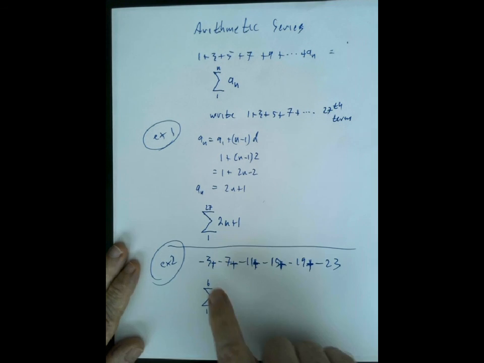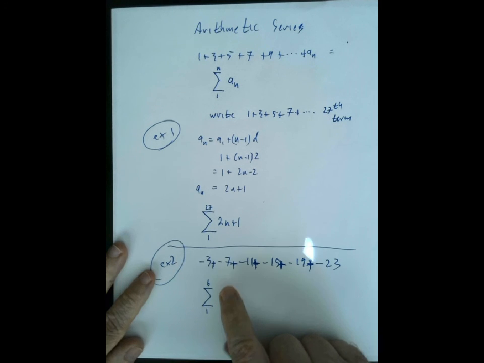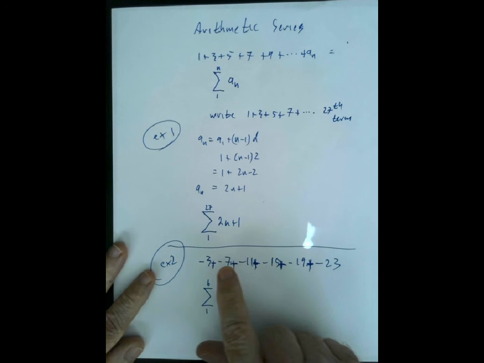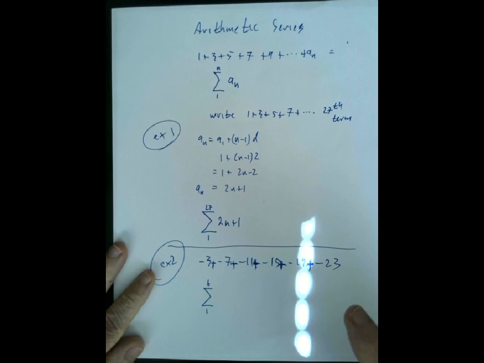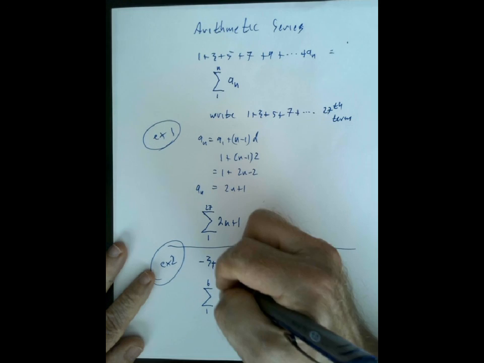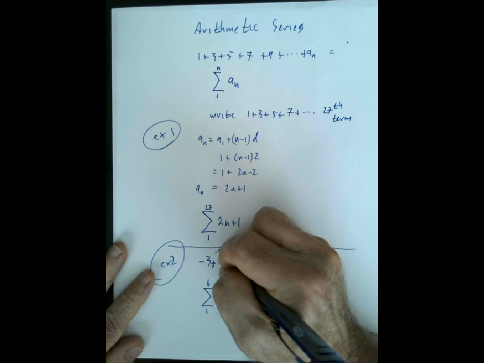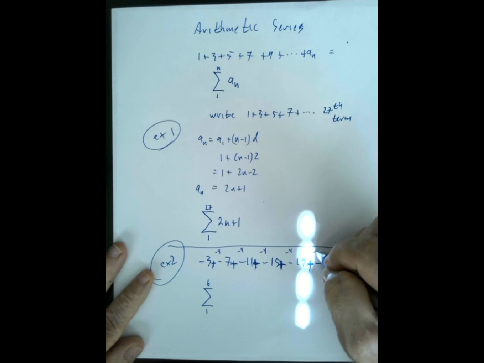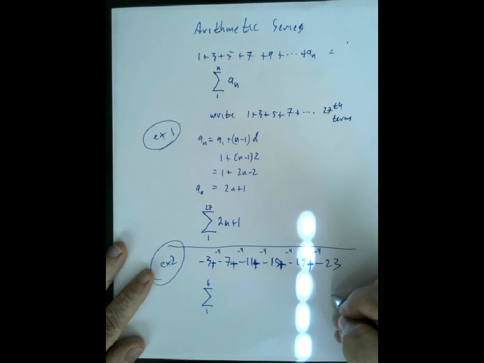And now we need to know the series formula. Hopefully you can see it's subtracting 4 every time, starting at negative 3, going down to negative 23, assuming my arithmetic was correct. So d is equal to negative 4, and a sub 1 is equal to negative 3.